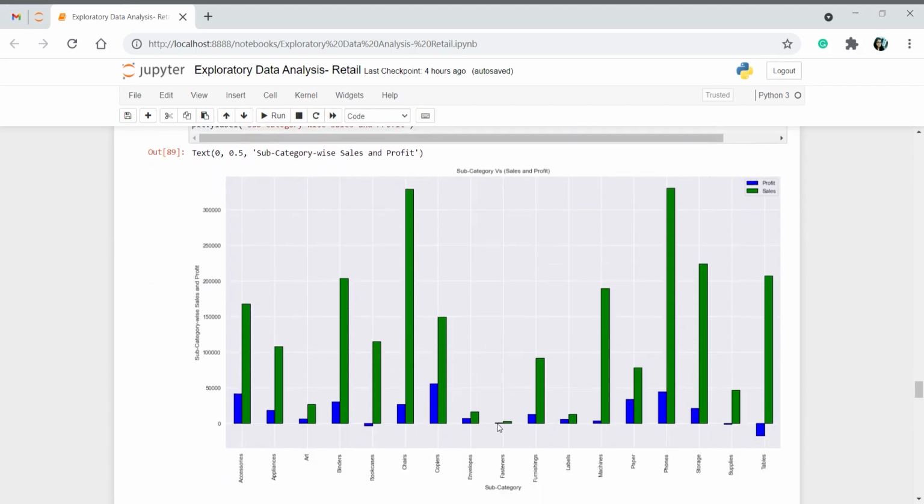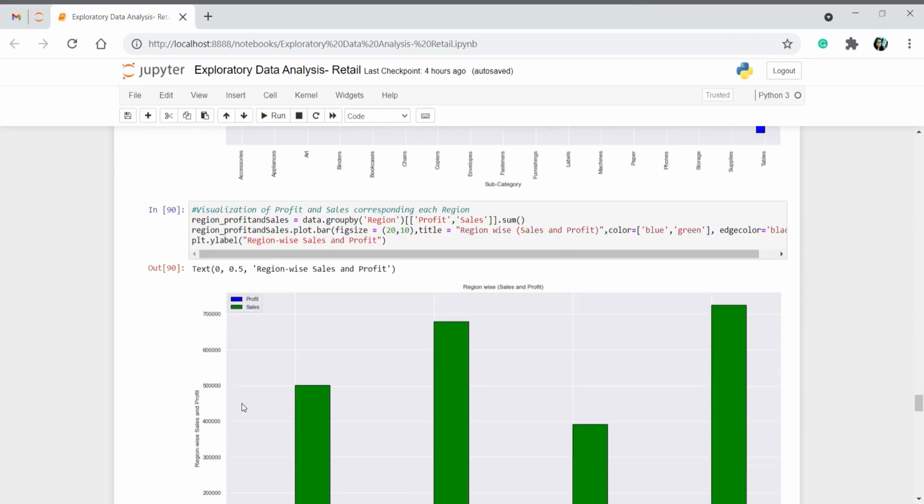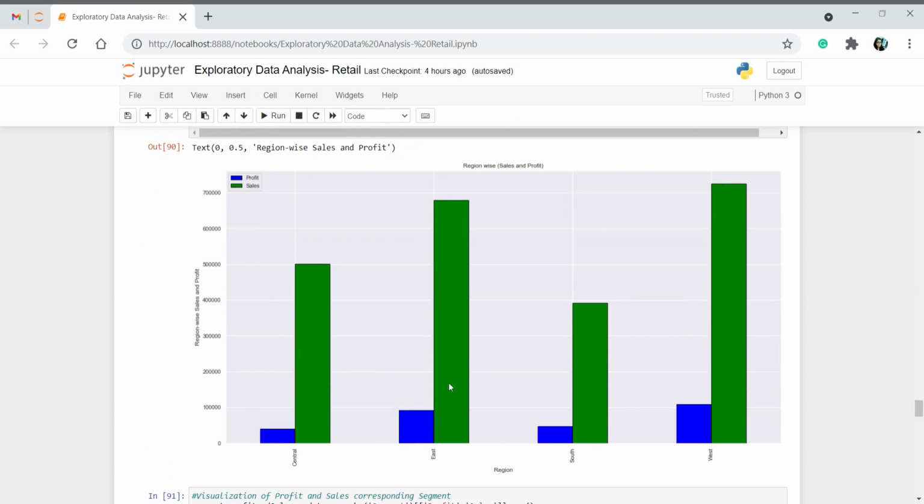Here we are showing the same relation with subcategories. So all the products are shown here, and the green bar shows their sales and the blue one demonstrates its profit. Here, in a similar manner, all the regions are being demonstrated.